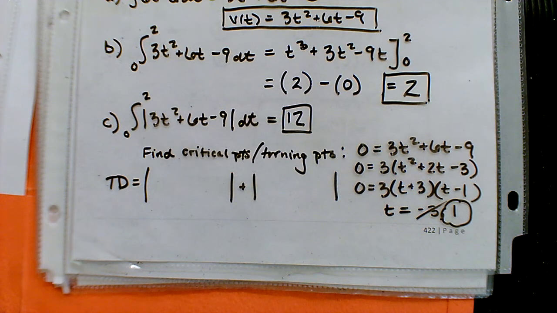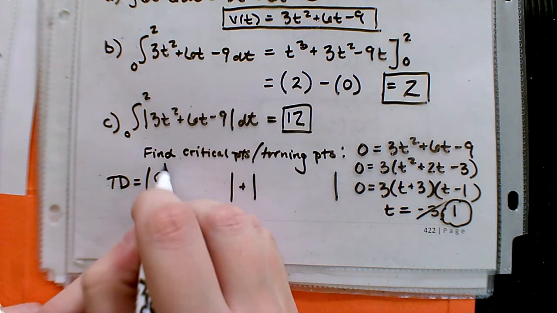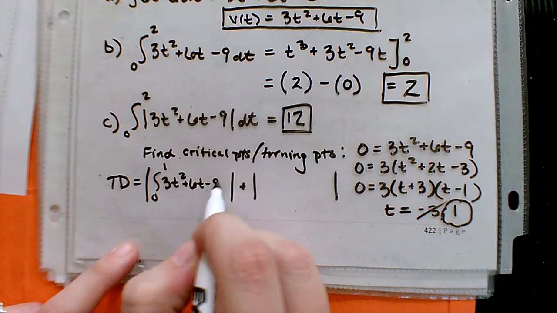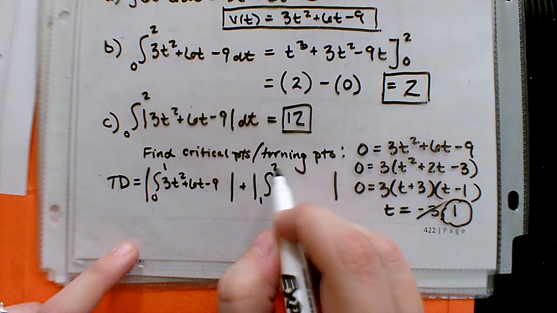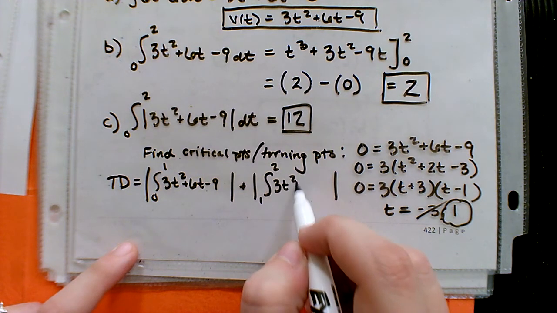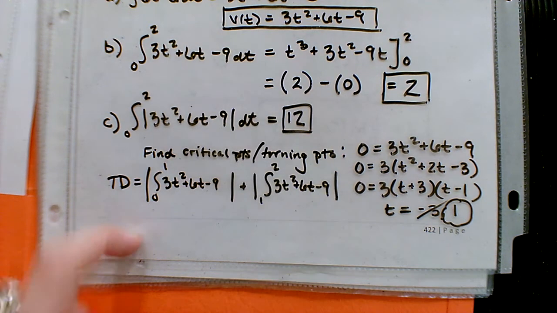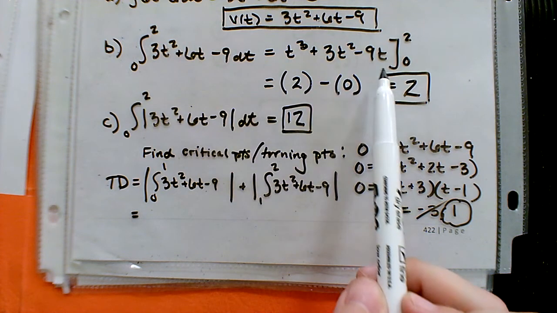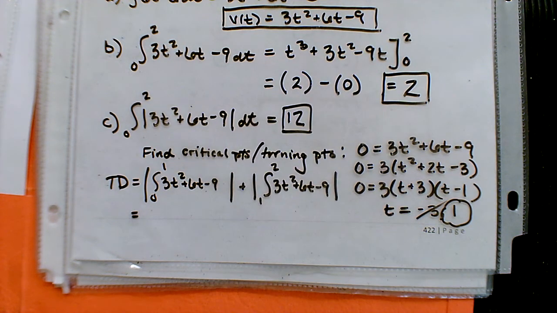How can we figure out how far we travel from 0 to 1? An integral, right, from 0 to 1 of that velocity. And then we'll do an integral from 1 to 2 of that velocity. What's nice is we already know what we get when we work backwards from velocity, because we did that in part B when we did the displacement.